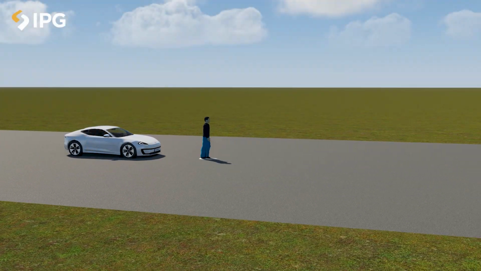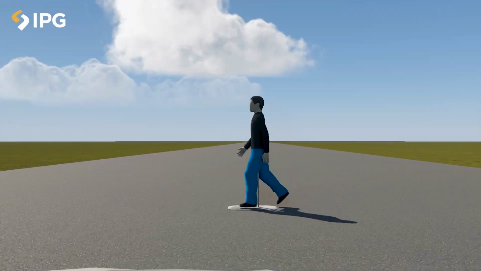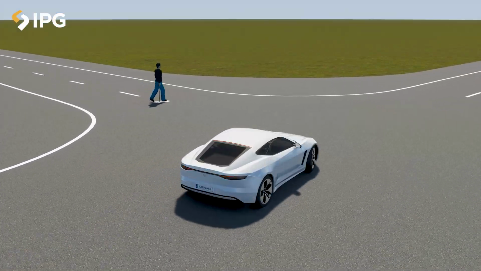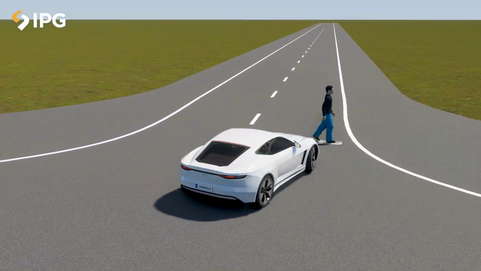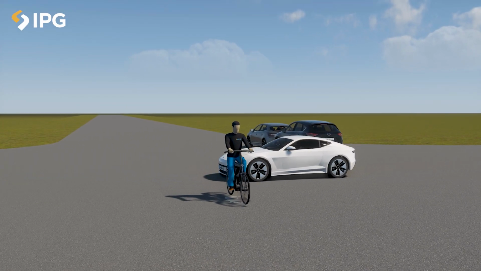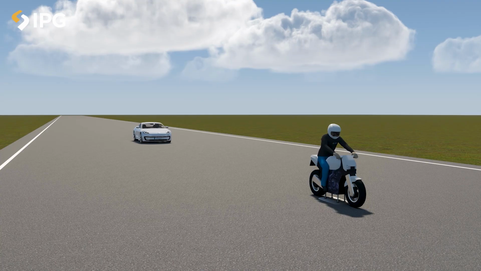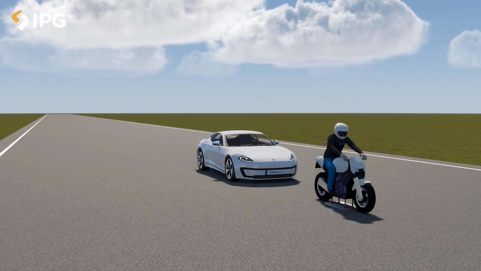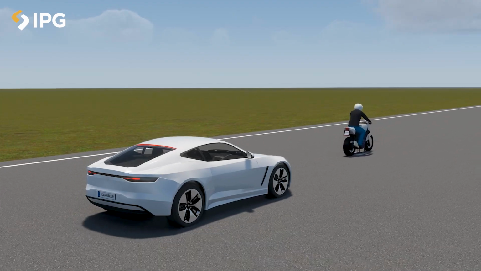The aim is to replicate the scenarios in CarMaker with all the variations and tolerances defined in the NCAP protocols. This means we do not only simulate a single test case, but a systematic variation of different parameter changes to ensure the robustness of the system.